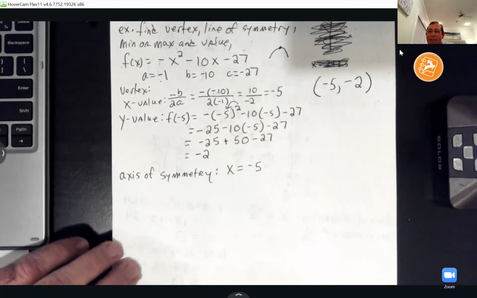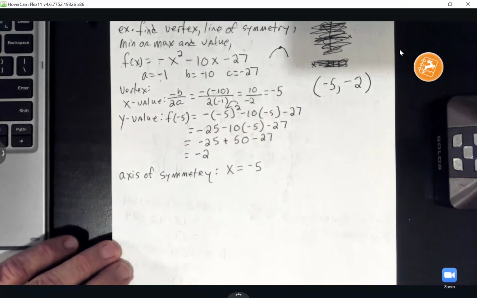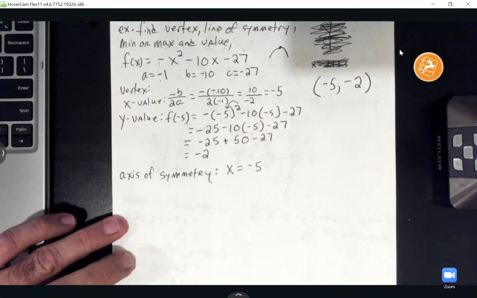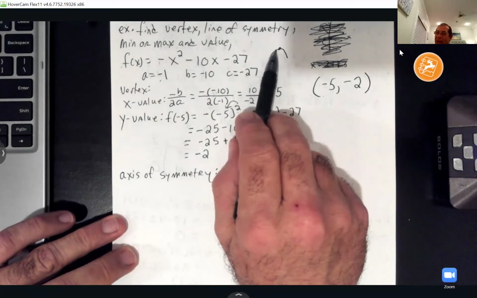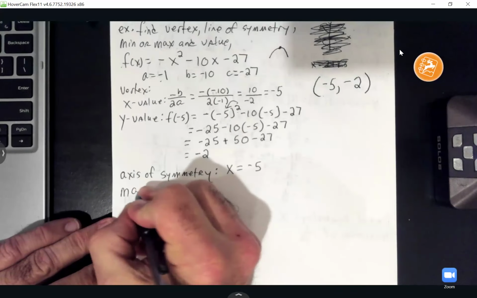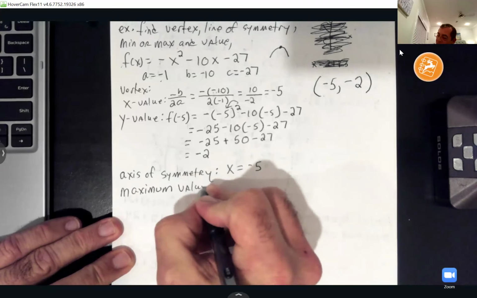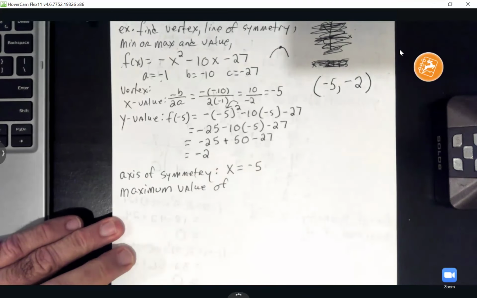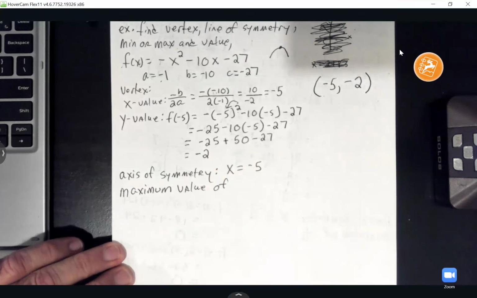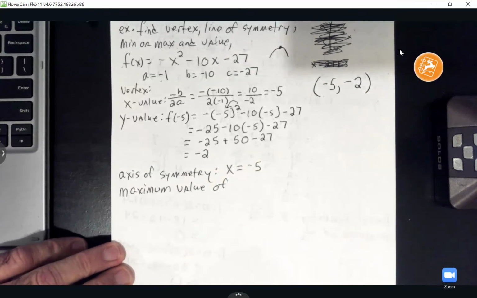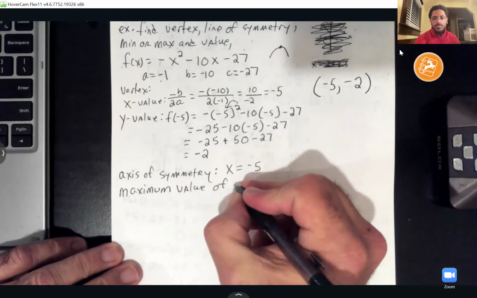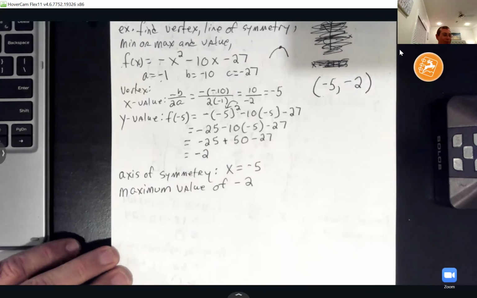I'm gonna be mean like Math Lab. Well, we said we had a maximum value up here. So what is my maximum value? -2. So maximum value of -2.